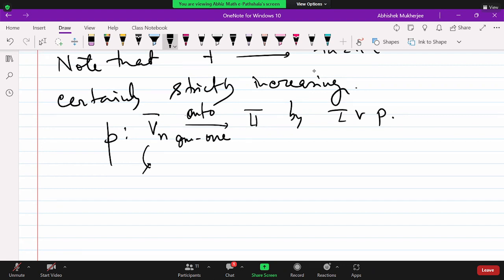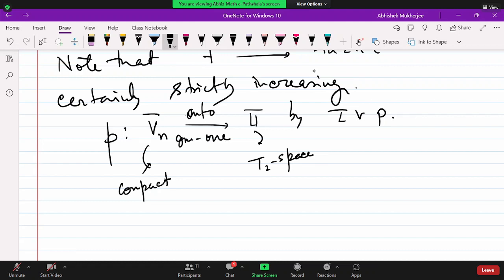And this is a compact space. This is always a T2 space, right? So therefore, this is a bijection from a compact space to a T2 space. What does it say?